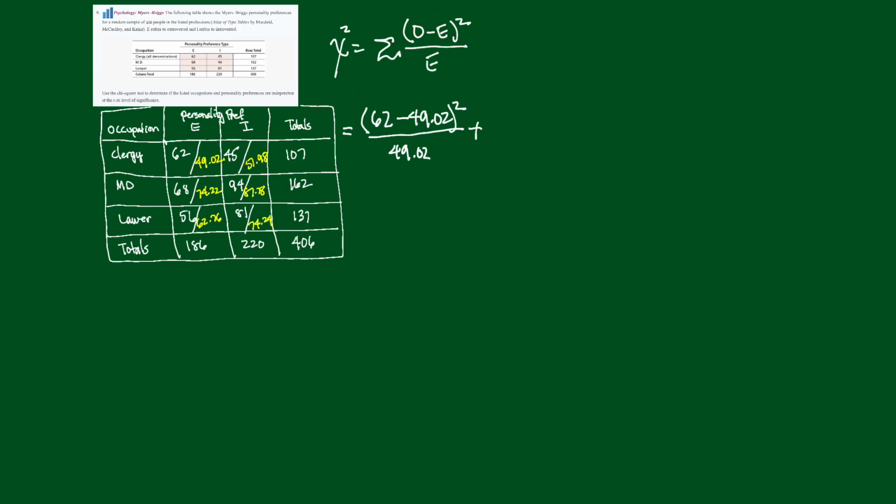So this one is going to be O minus E, so 45 minus 57.98, right? O minus E, square it, divide by the E, 57.98. Now, I'm just going to write these next ones down, and then we'll add them up together.